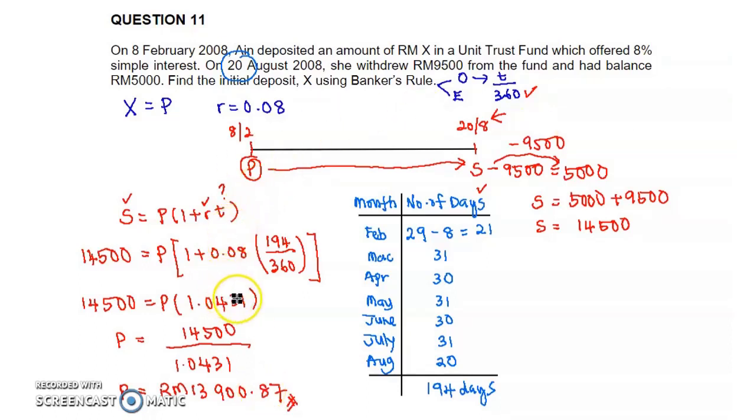Okay, note that when you round off to 4 decimal point here, your answer will be slightly different from the answer given in your notes. Okay, now I show you if you take all decimal point, or you write it in fraction. Example: 14,500 equal to P(1 plus 0.08 multiply 194 divided by 360).